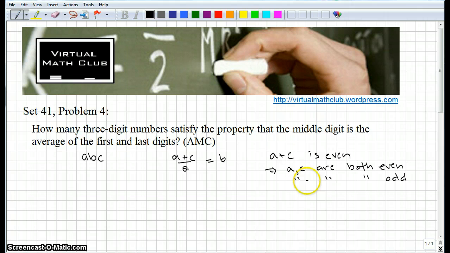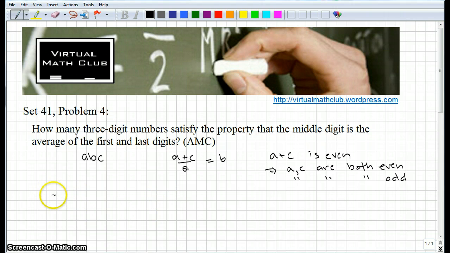Okay? Makes sense because an odd plus an odd is an even, and an even plus an even is an even. If they're even and odd, you get an odd on the top, and when you divide it by 2, you wouldn't get an integer, and you know, B, the middle digit, has to be a digit. You know, we can't have 905 and a half, you know, the middle digit has to be an integer. So let's look at those cases, okay?